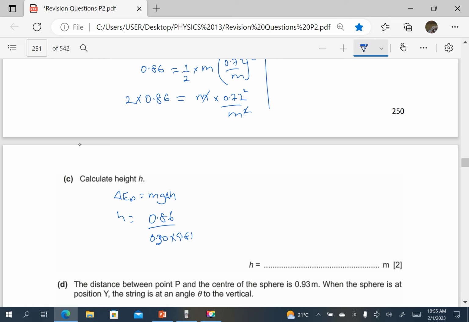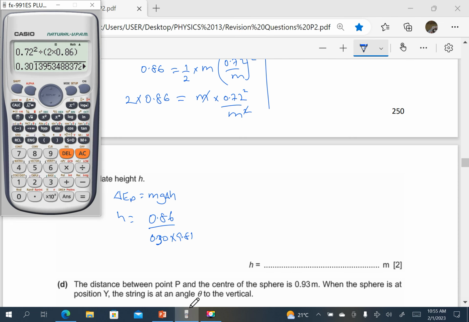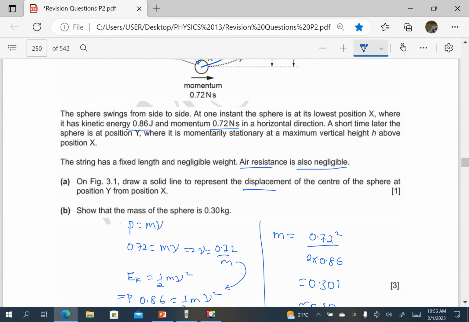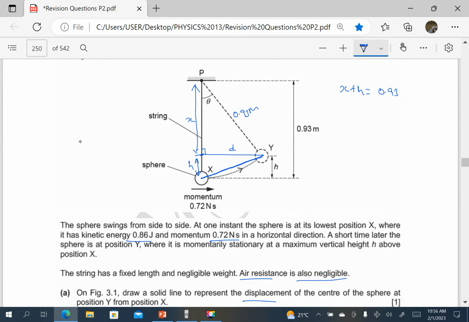The mass is 0.30. So that is 0.292. I'll just write 0.29. So now we know the height h is 0.29.